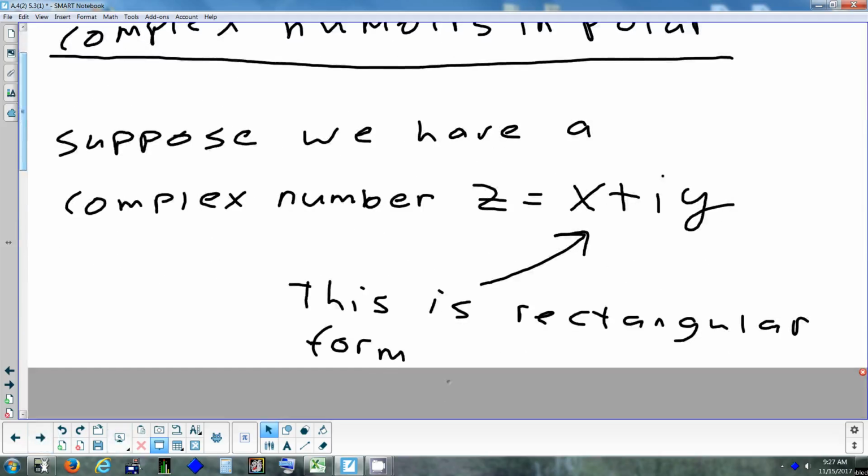Also, if you look at where the i is, do we usually put the i before the letter? No, you don't normally do that. For the formula that I'm about to show you, your book does that. That's why I put it. But technically, that's the same. I'm just trying to make what I do match what's in your book. So that's the rectangular form.